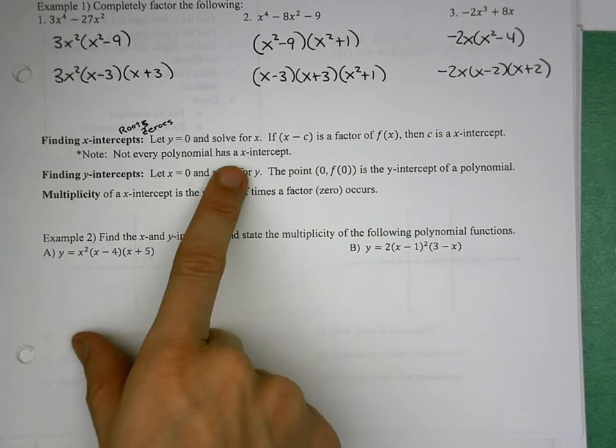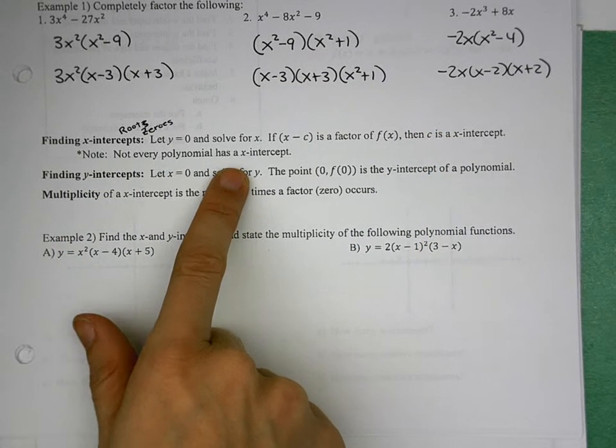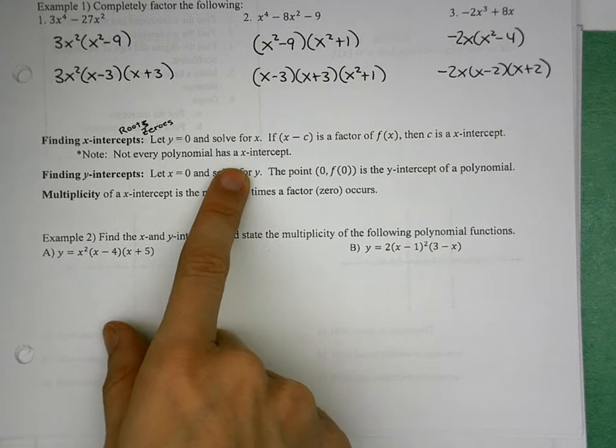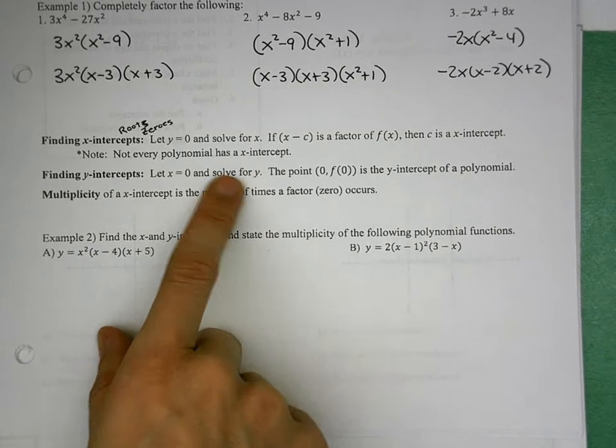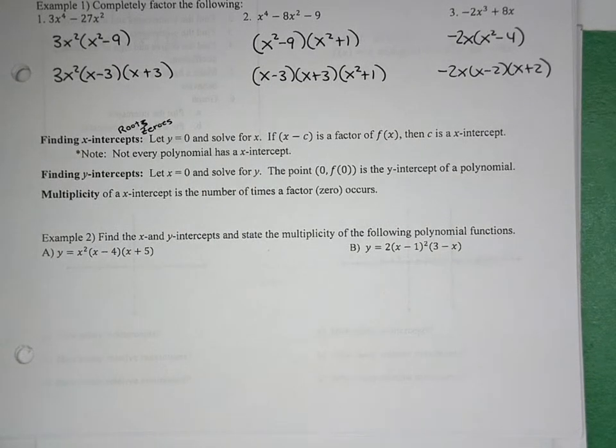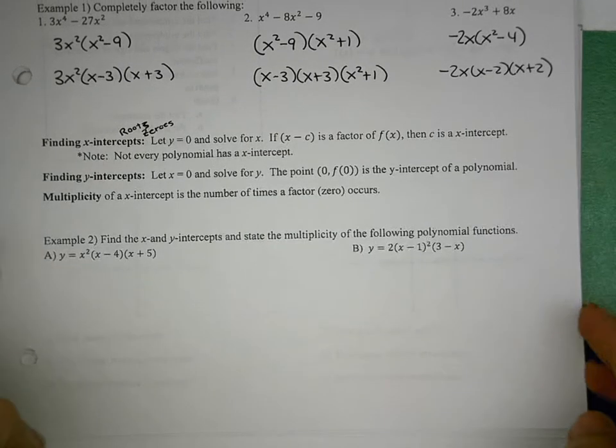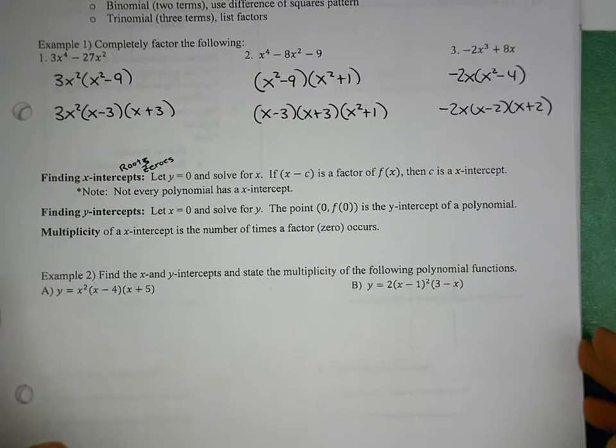Note here, not every polynomial has an x-intercept. It is entirely possible that you would find a function that when graphed never actually crossed through the x-axis. But if it crosses through the x-axis, it would cross wherever y equals 0. Okay? So a quick example of what we're talking about here when we're talking about those zeros.